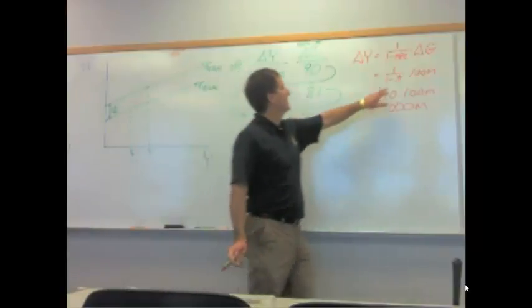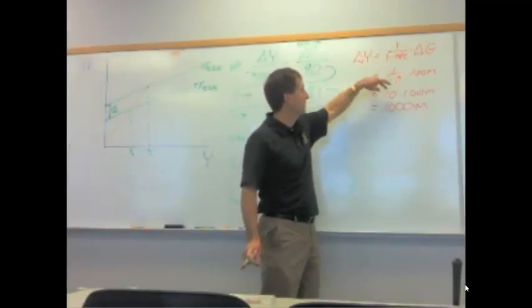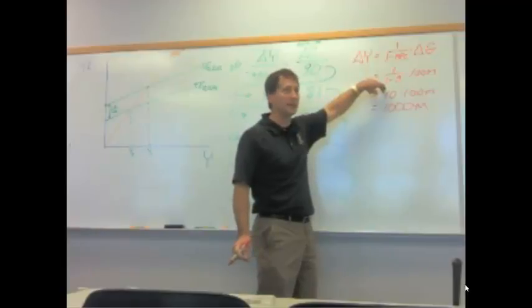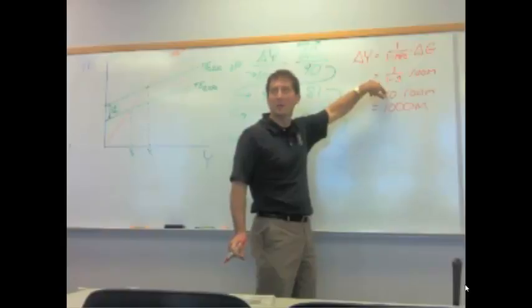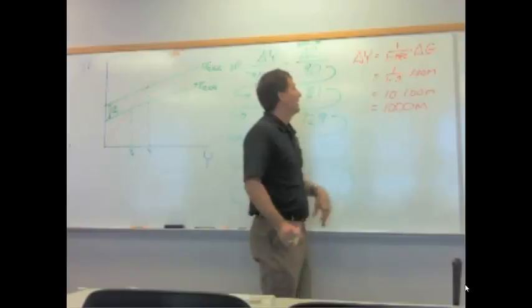1 over 0.1, which is 1/10, flip it over, the multiplier is 10. Very similar to something we did. The deposit multiplier was 1 over the required reserve ratio.